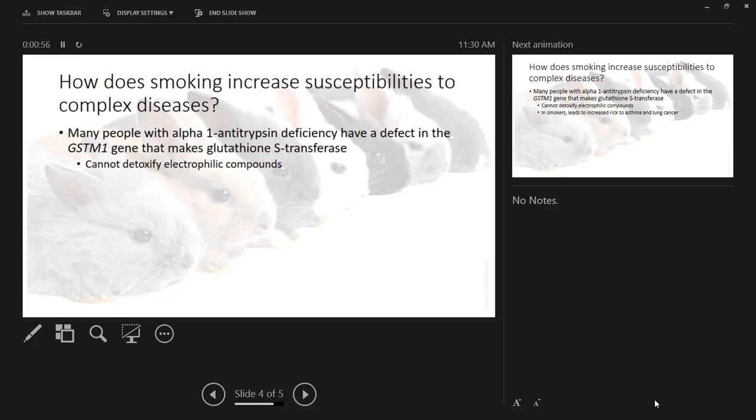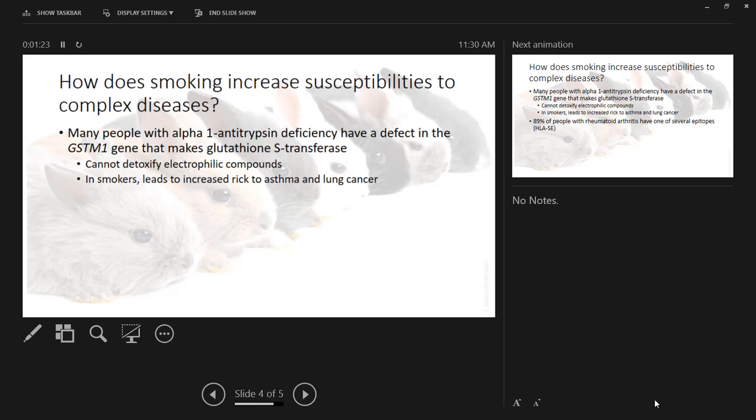Several of those would be the carcinogens that you're exposed to in cigarette smoke. And so in smokers, this genetic illness leads to an increased susceptibility, an increased risk to develop asthma and lung cancer as a result of that smoking.